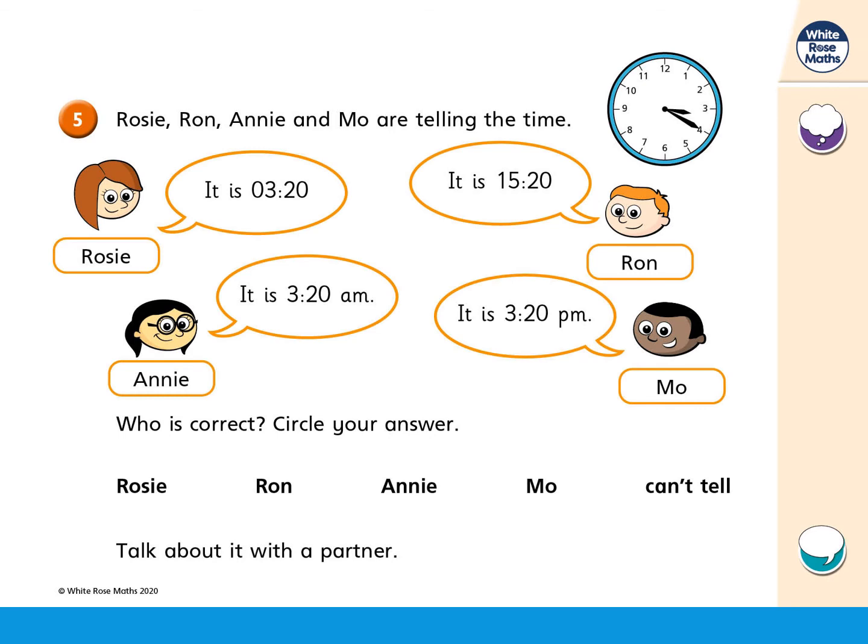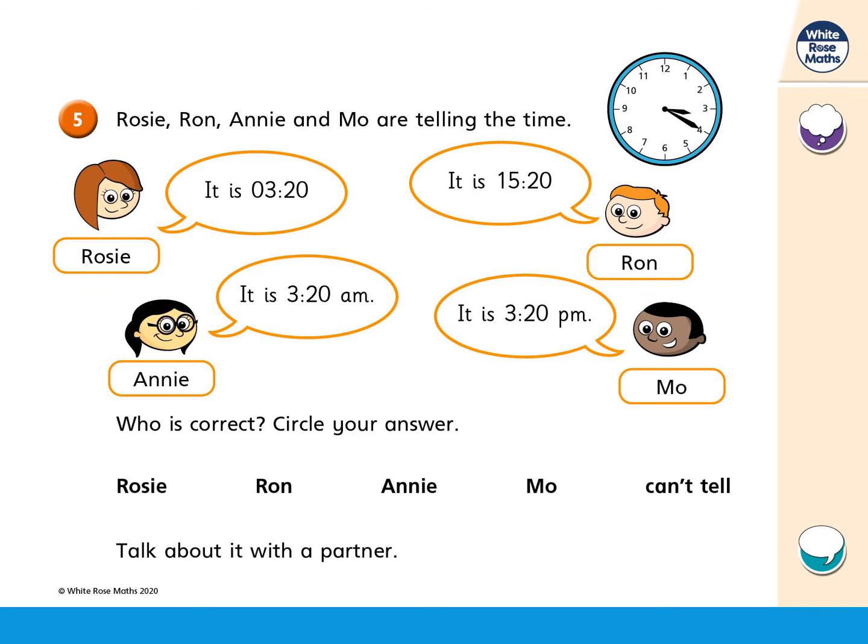Rosie, Ron, Annie and Mo are telling the time. Rosie, it is 03:20. Ron, it is 15:20. Annie, it is 3:20 AM. Mo, it is 3:20 PM. Who is correct? Circle your answer.